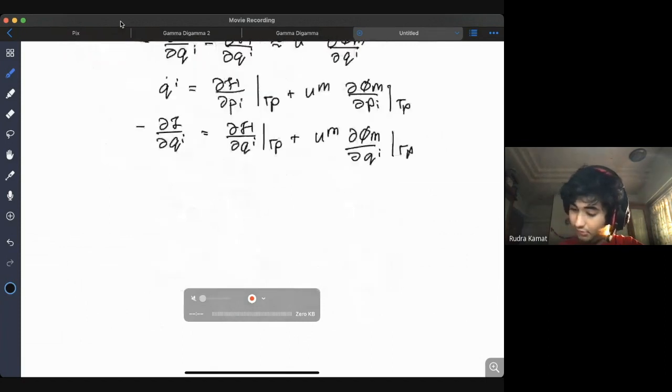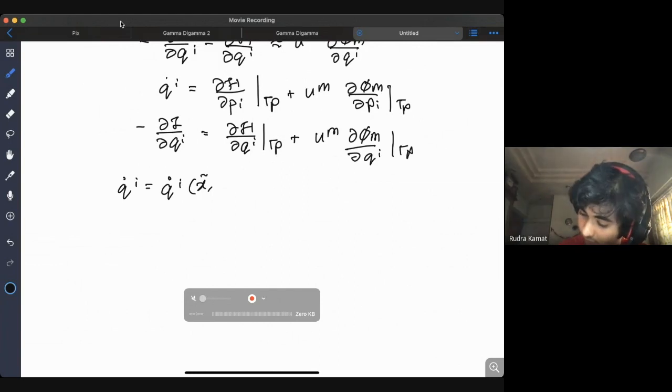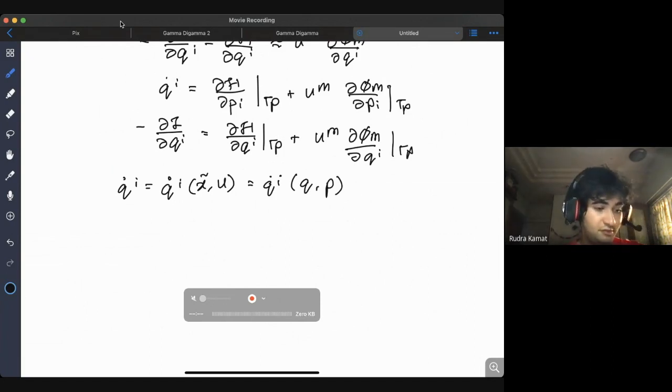And then we have a sort of transformation law. q_i can be written as a function of x tilde and u, and then q_i dot can be written as a function of q comma p, because it's the entire phase space now. So this is a map from cotangent space to tangent space.